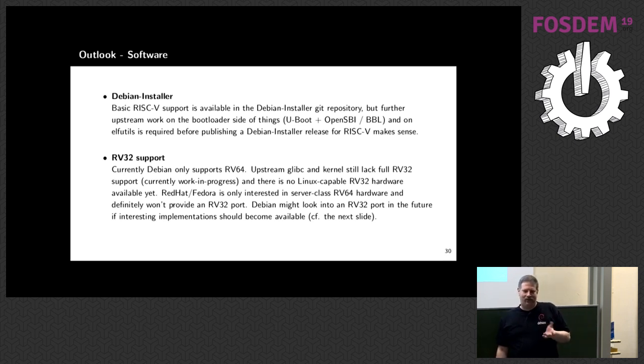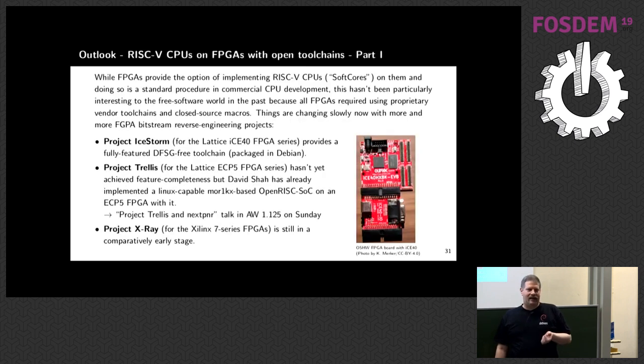Fedora and Red Hat probably won't release 32-bit ports. Debian might do it, we'll see, if interesting hardware becomes available for 32-bit platforms. The way such hardware could become available are small FPGA implementations. Designing CPUs on field programmable gate arrays is a common technique in commercial CPU development.